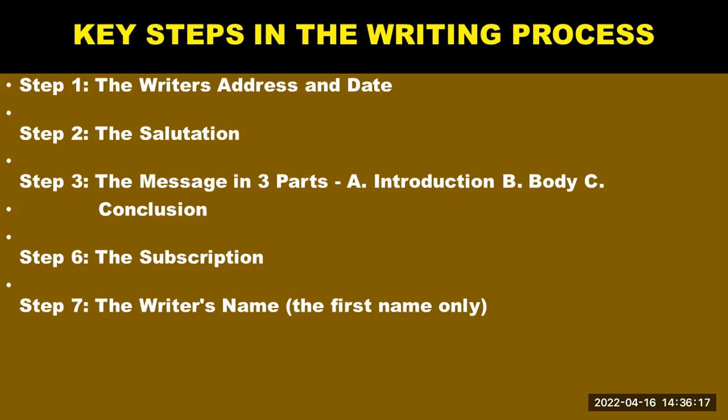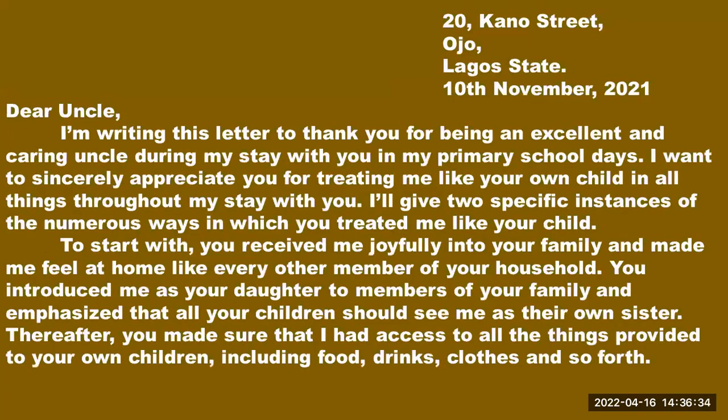In a formal letter, you need to write your full names, but in an informal or personal letter, you only write your first name. That shows the degree of familiarity that you share with the addressee or the receiver of the letter. Now, let's look at this letter and go through the process. Now, here you can see exactly.